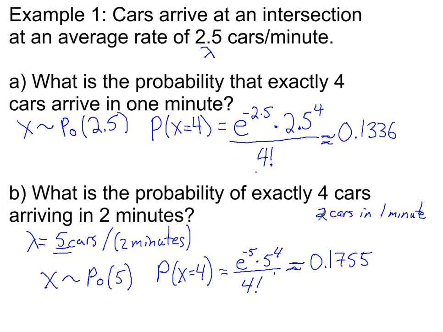But if we say 4 cars in 2 minutes is like 2 cars in 1 minute, well, now I've said this is Poisson distributed with the mean still 2.5, and I want to know the probability of 2 successes. Well, what's that?